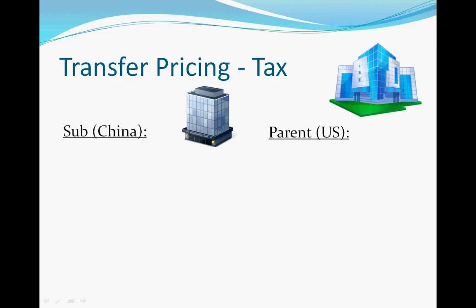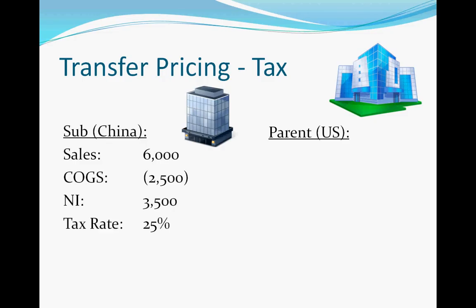The parent company will have sales of $8,000, cost of goods sold of $4,800, net income of $3,200, a tax rate of 35%, and taxes paid to the U.S. government of $1,120. Each of these entities recognizes the gain on sale in the year of the transaction because they do not file a consolidated tax return.